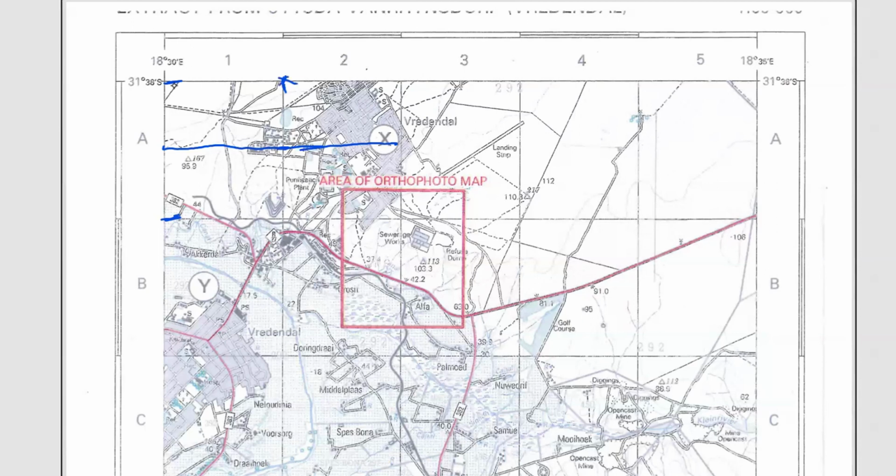So our block is this block here with this northwest corner. By looking at this, we want to estimate the value of longitude. Our value of longitude in seconds is 19. It's 18, 31 and 19 seconds.